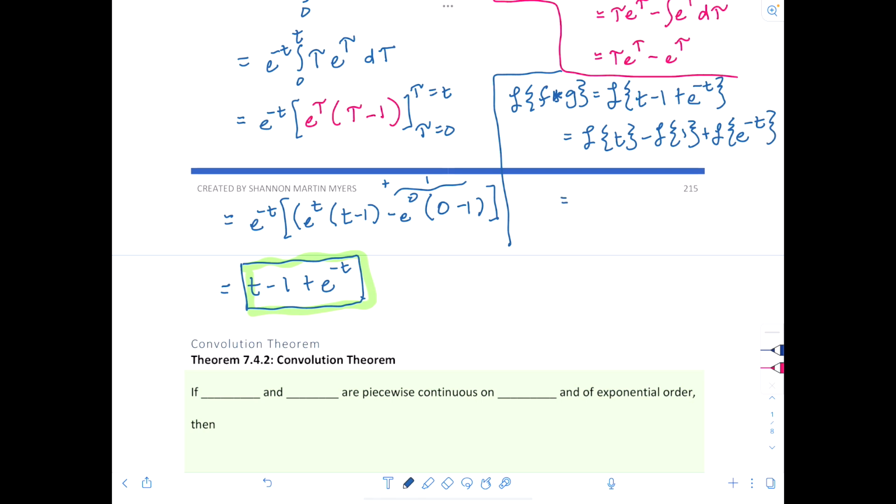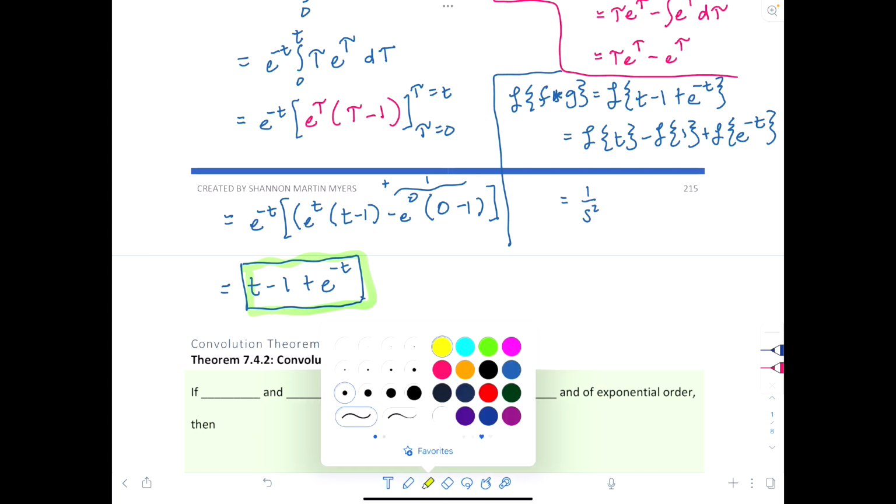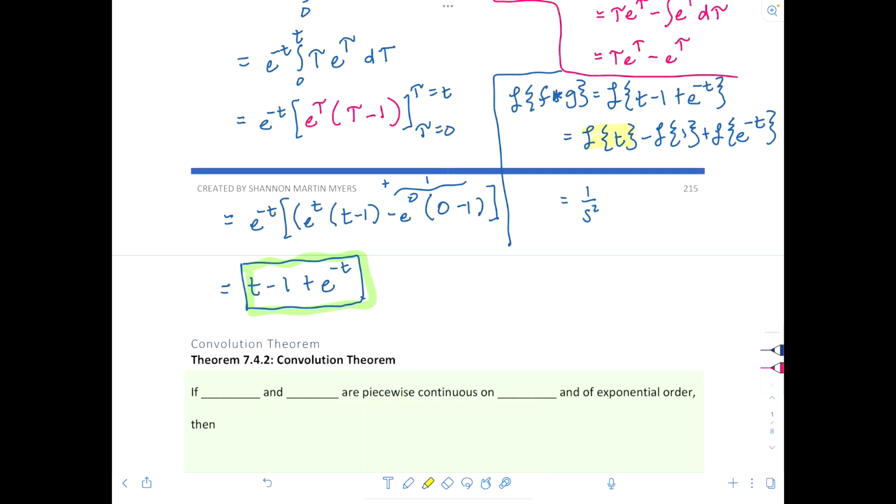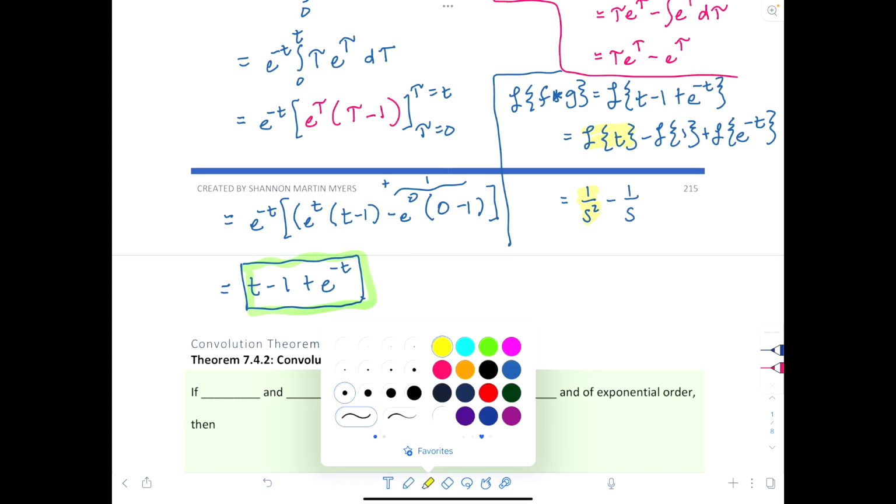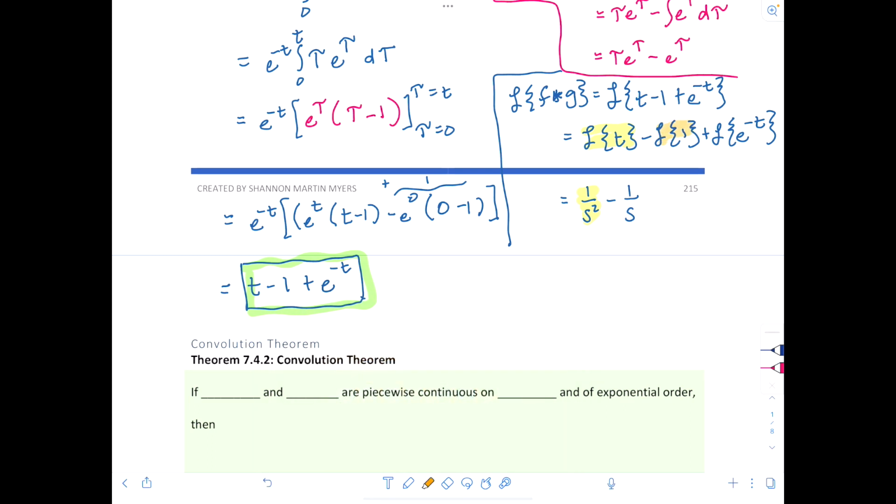And you can either look at your chart to find these. Hopefully you've done enough that you probably remember these guys. 1 over s squared will be this first result, and then minus 1 over s is our second result.